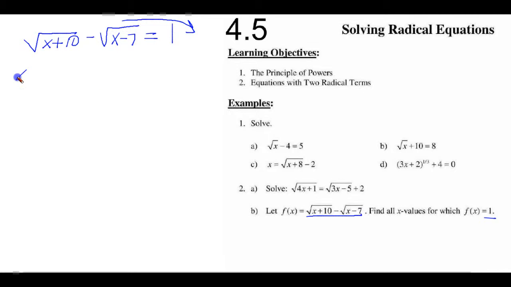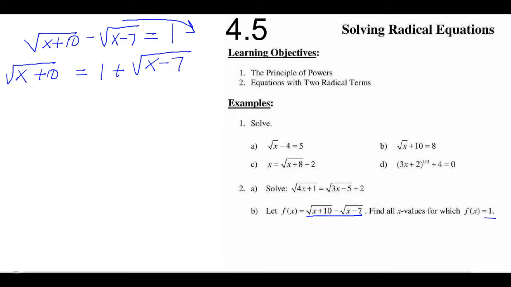So we get the square root of x plus 10 equals 1 plus the square root of x minus 7. All I'm doing is taking this radical with a negative, transposing it.